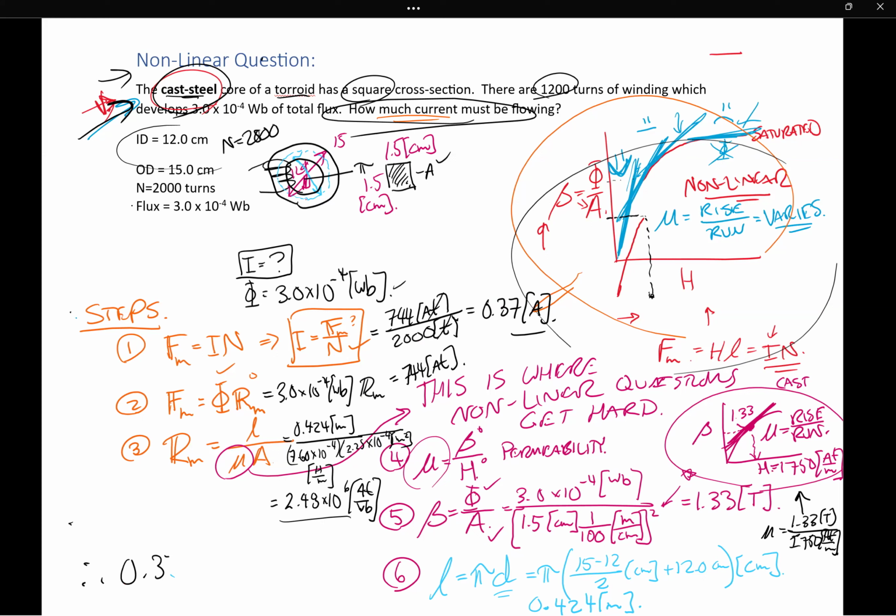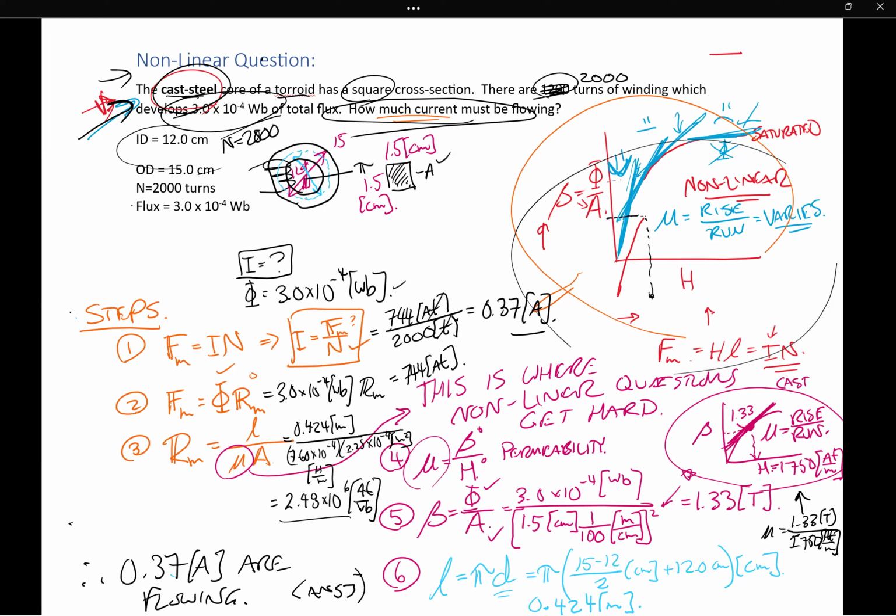Therefore, 0.37 amps are flowing to make that much magnetic flux inside this thing that looks like a donut, but it actually has a square cross section that is wound to 2,000 turns. This is 2,000. 2,000 turns. And that's my answer.